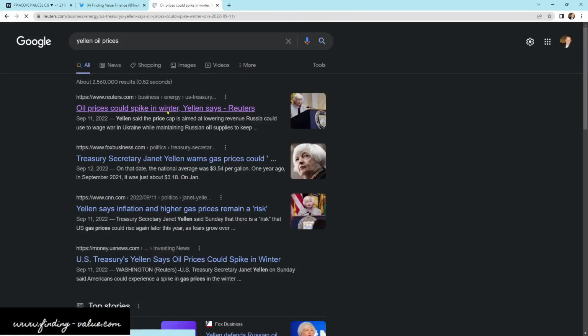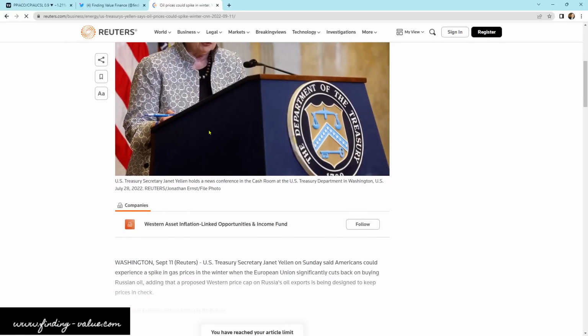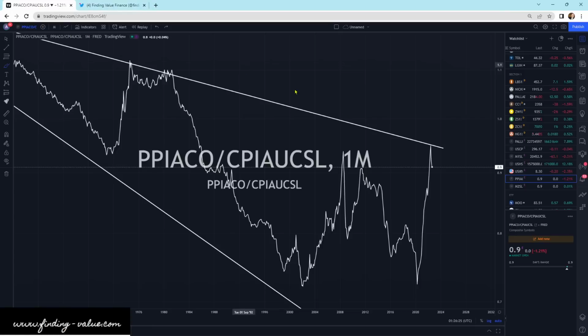Even Yellen is seeing this, and she's talking about these spikes that could potentially happen in the winter. If that happens, what we're going to see is this PPI to CPI come back to the upside, as the producer price index and consumer price index are driven mainly by oil, as that's the number one commodity. So I think that's what's coming ahead of us. That's what I'm still positioned for.